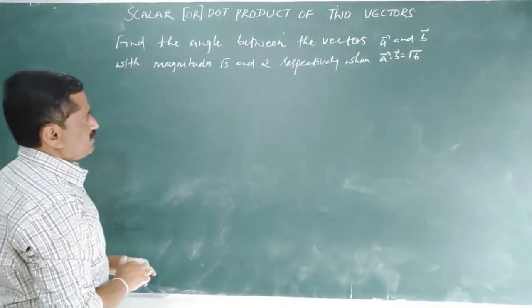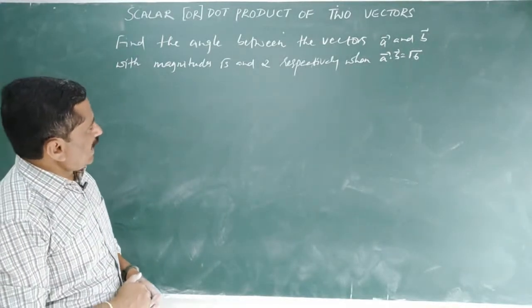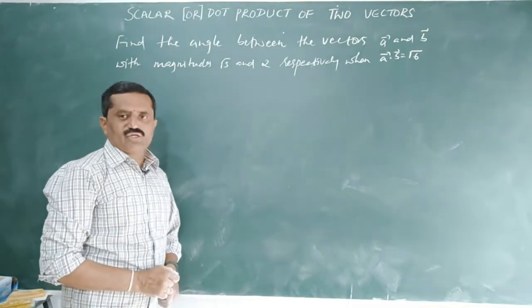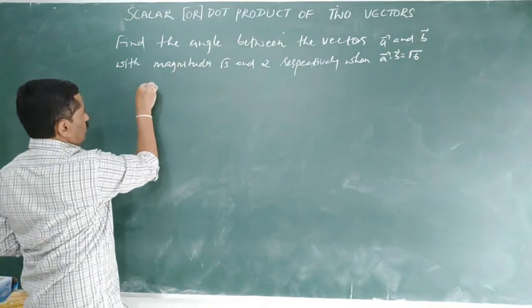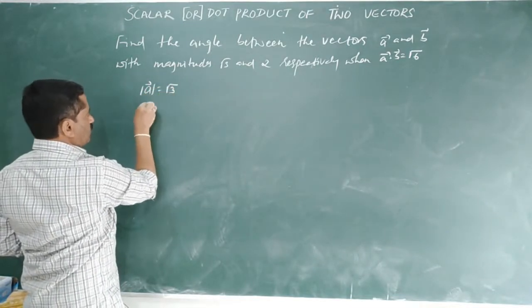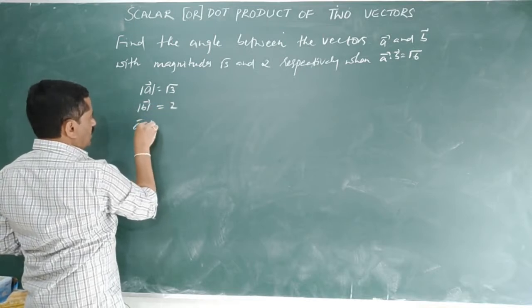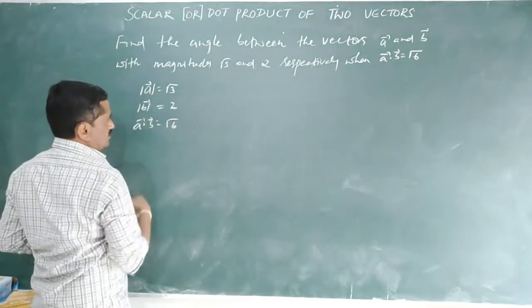Find the angle between the vectors a bar and b bar with magnitudes root 3 and 2 respectively when a bar dot b bar is equal to root 6. So given magnitude of a bar is equal to root 3 and magnitude of b bar is equal to 2, and a bar dot b bar is equal to root 6.